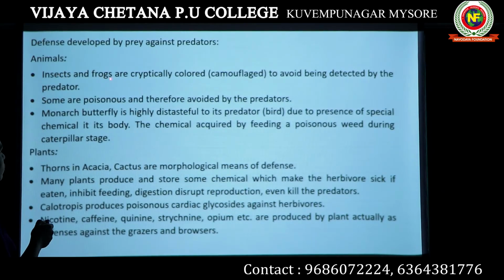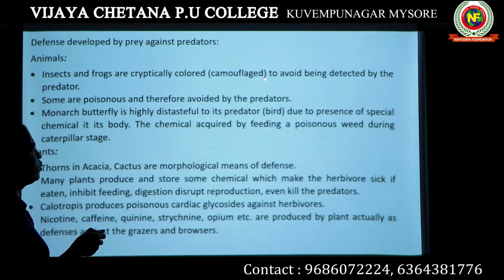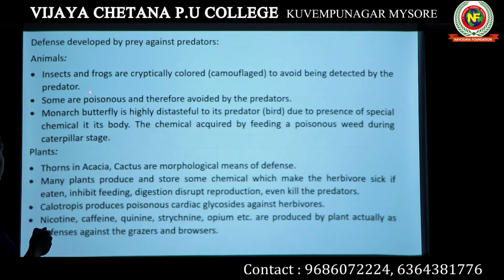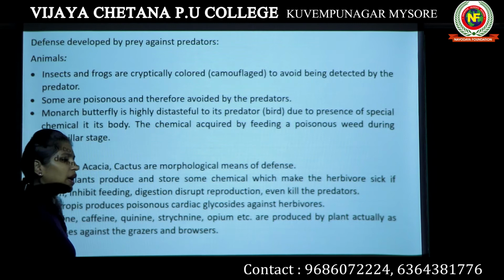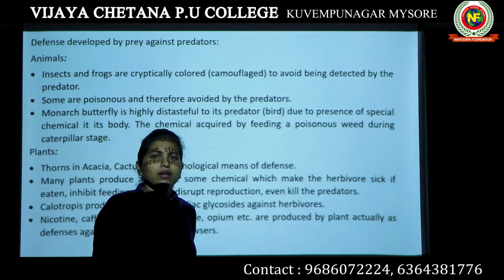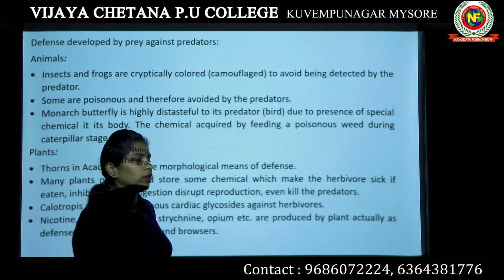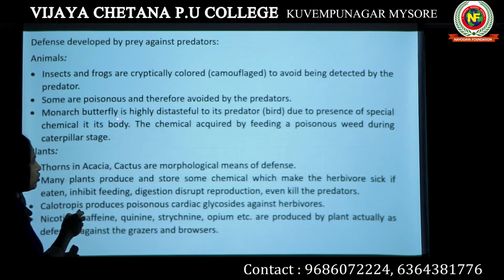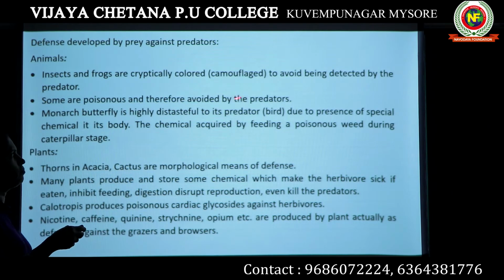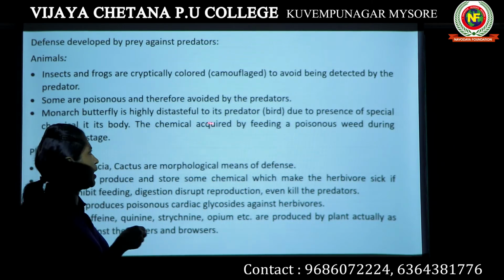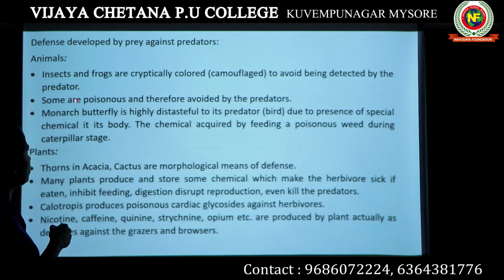Okay, so insects and frogs are cryptically colored to avoid being detected by the predators. Some are poisonous and therefore avoided by the predators. Certain plants, if you see, will be poisonous. Okay, so why are they poisonous? Because in order to avoid being eaten by the predators, a few plants will be poisonous.